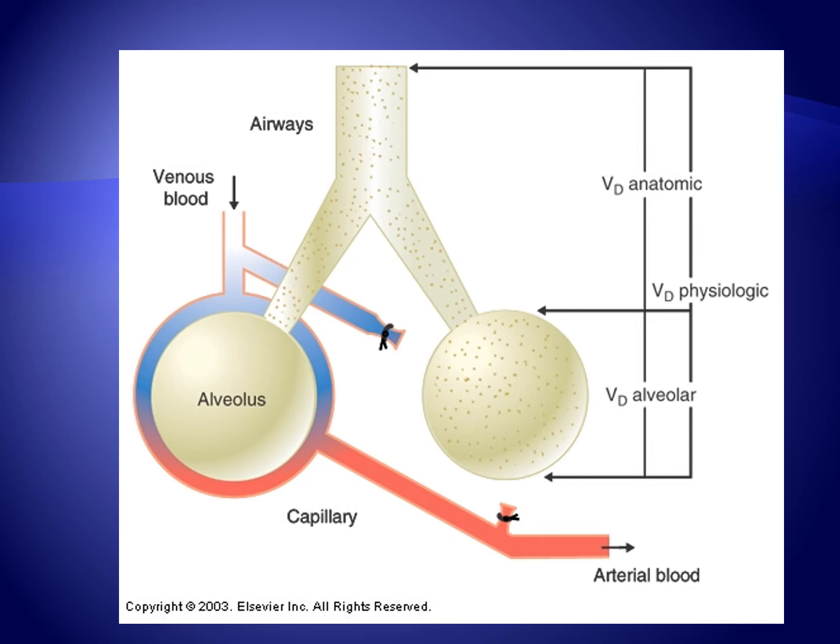We're going to do 1 ml per pound of ideal body weight. That's it. 1 ml per pound of ideal body weight is your normal anatomic dead space, right? So we can actually calculate how much dead space someone has, or anatomical dead space someone has, and then we can calculate their physiologic dead space.